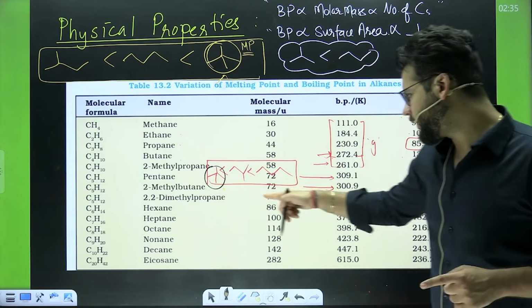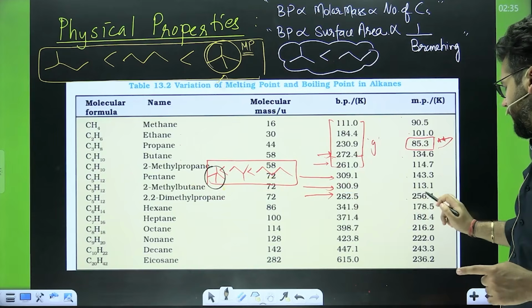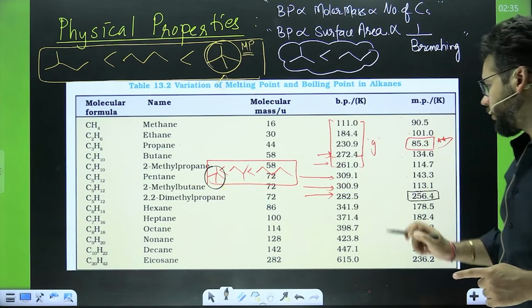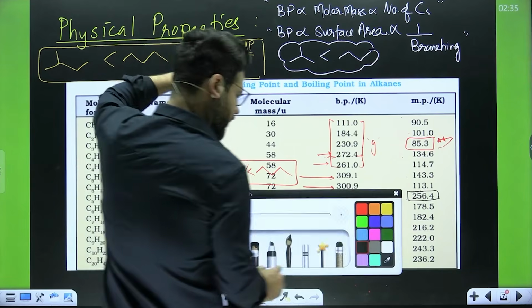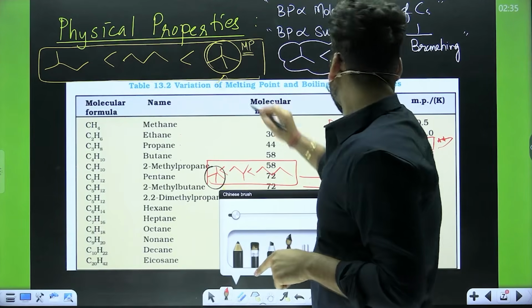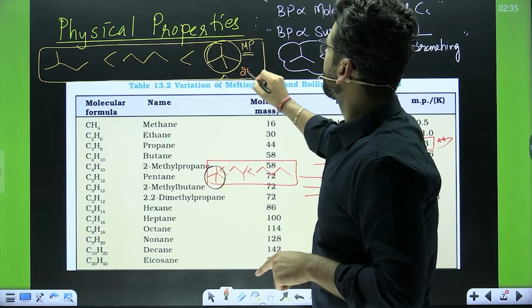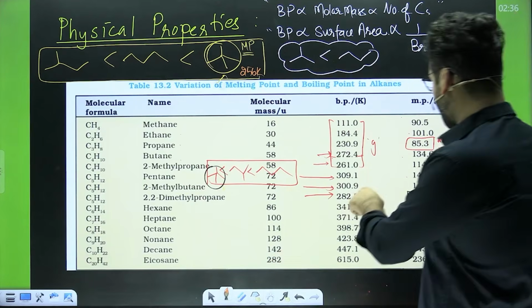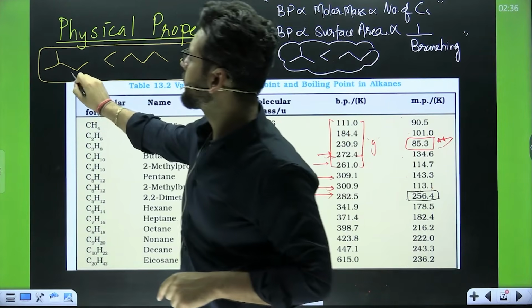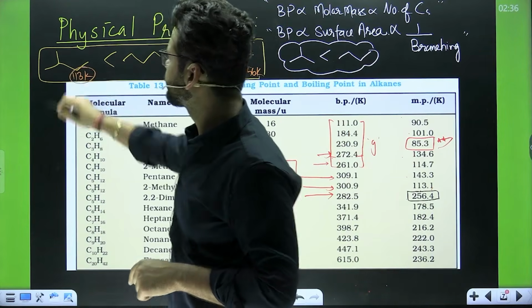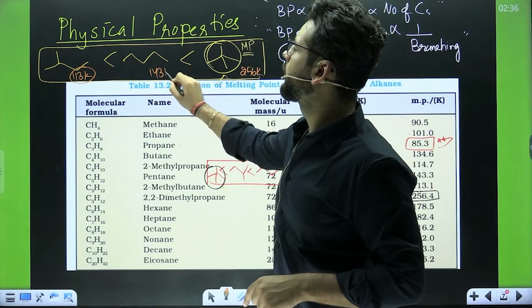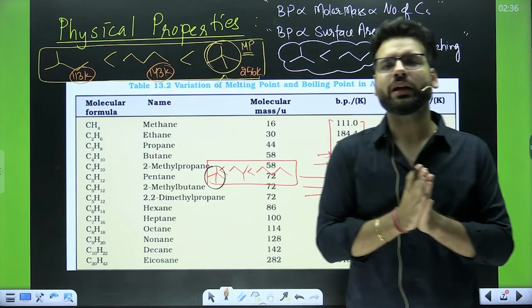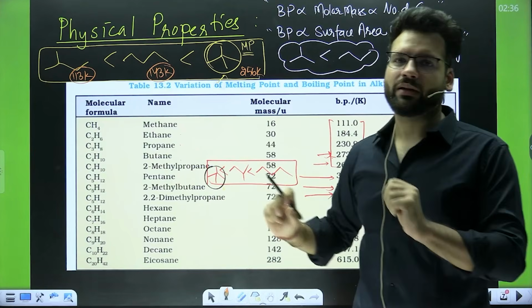If I take neopentane, 256 Kelvin is the melting point, which is very high. When I look at isopentane, 113 Kelvin, very, very less. And for the normal pentane, it's 143 Kelvin. So I hope all of you are able to see and remember these facts.